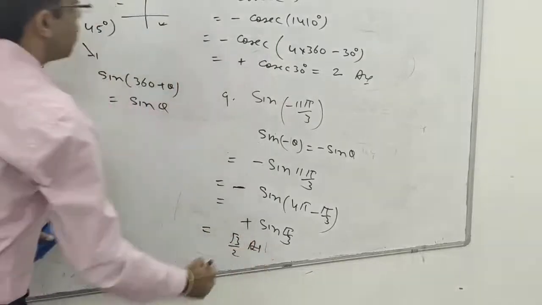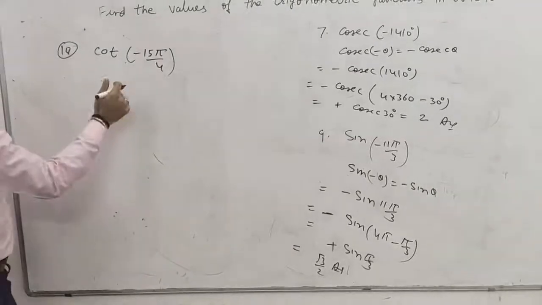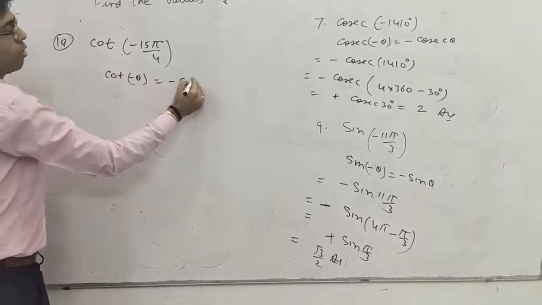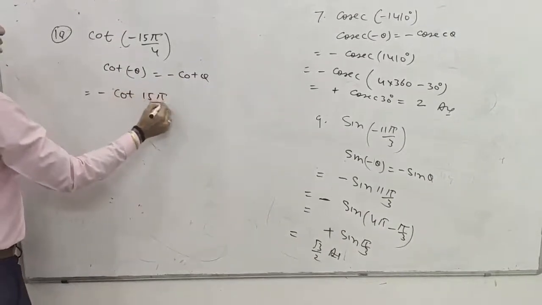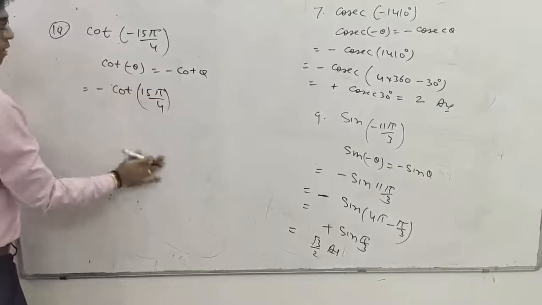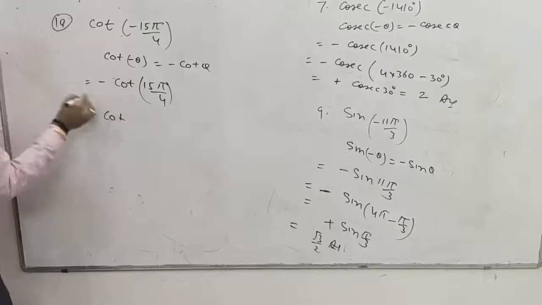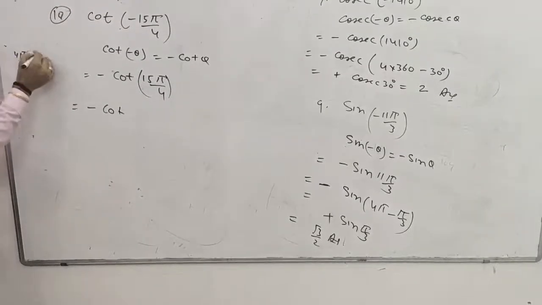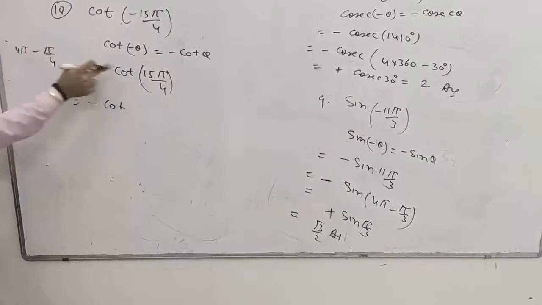This is the answer. So last is cot of negative 15 pi by 4. Cot minus theta is minus cot theta. So this is minus cot 15 pi by 4. Now we have to check the multiple of 2 pi. So 4 pi minus pi upon 4 is 15 pi by 4. 4 4s are 16. 16 minus 1 is 15.